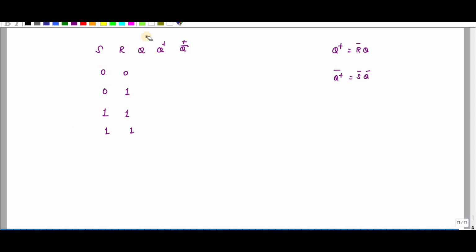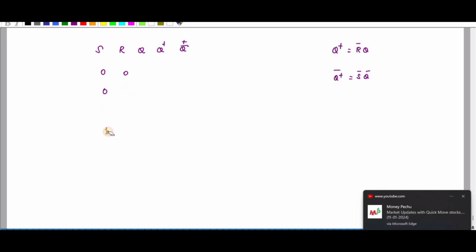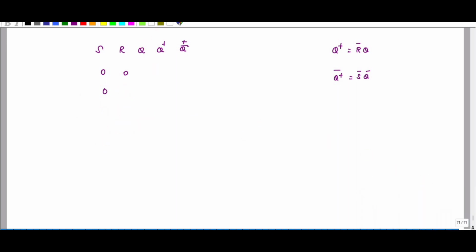If I take Q, I will get 101, 110 and 111.